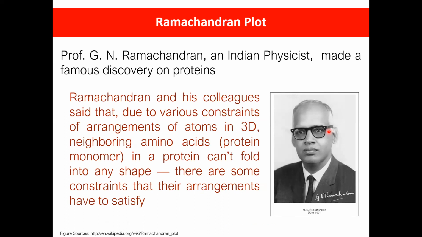Professor Ramachandran and his colleagues, who were working at IISc, said that due to various constraints of arrangement of atoms in 3D, neighboring amino acids or protein monomers in a protein cannot fold into any shape, and there are some constraints their arrangements have to satisfy.